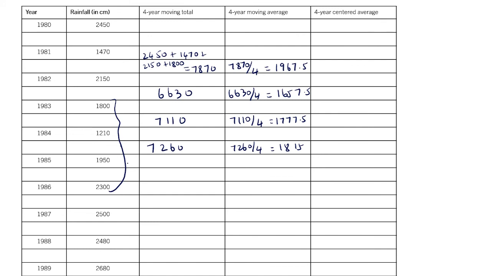And now we have to start from the next year. So the next 4-year moving total is the sum of these 4. 1210 plus 1950 plus 2300 plus 2500. So all these add up to 7960.